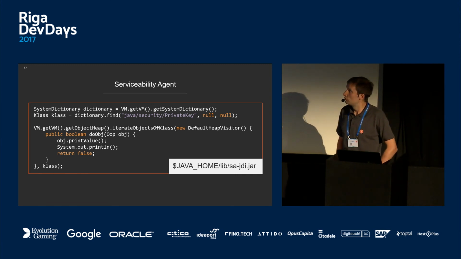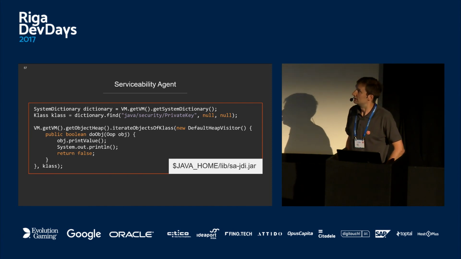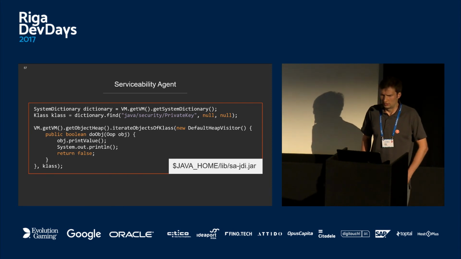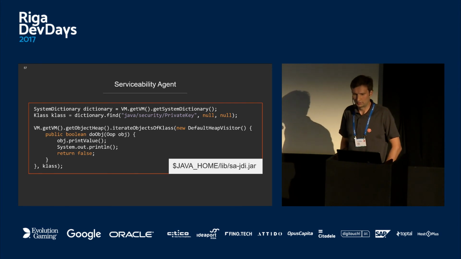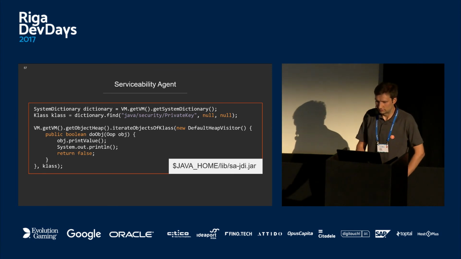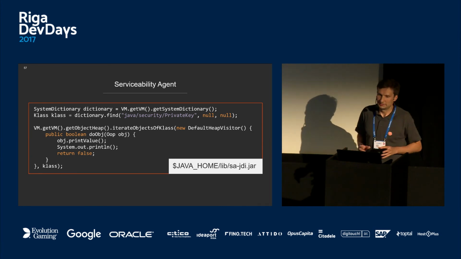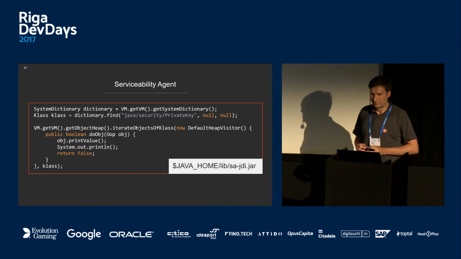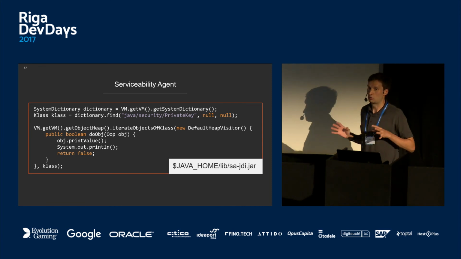And you can do the same for an external JVM using the Serviceability Agent. Serviceability Agent is actually a separate big topic. I don't really want to spend much time on it. Just want to show one example. Imagine that you are a hacker and you want to steal private keys from a running Tomcat server.